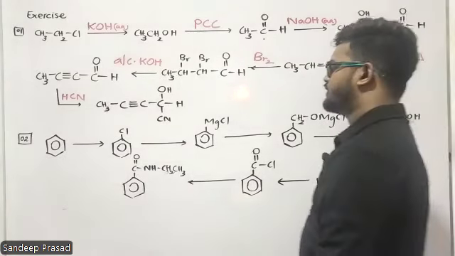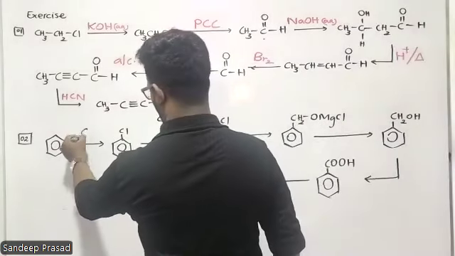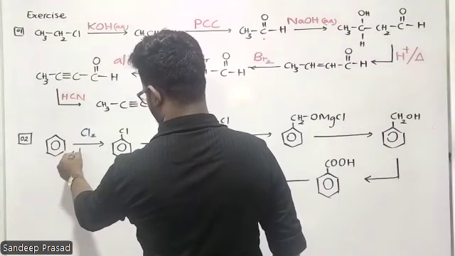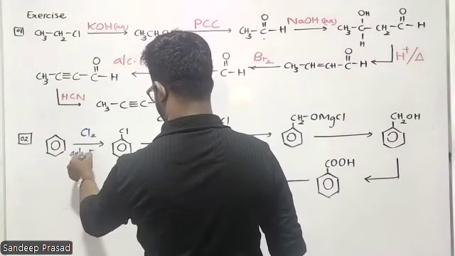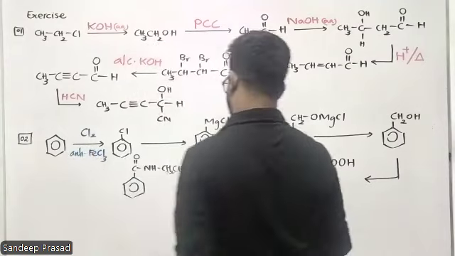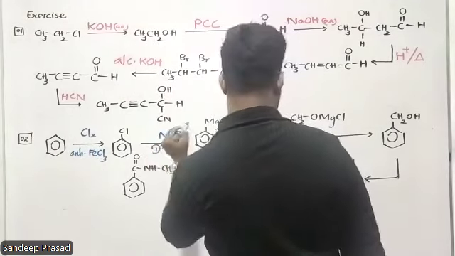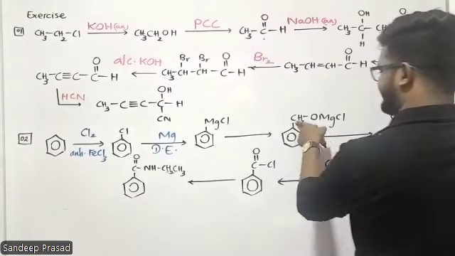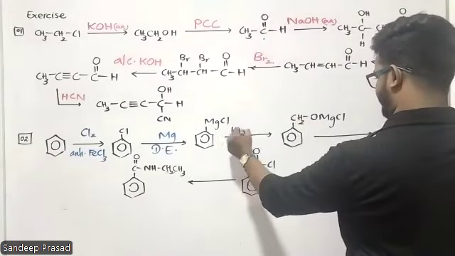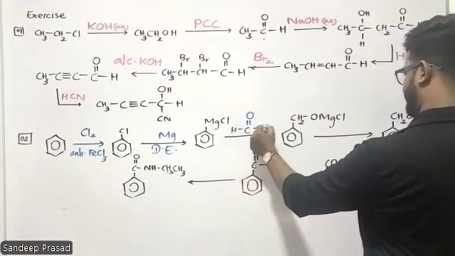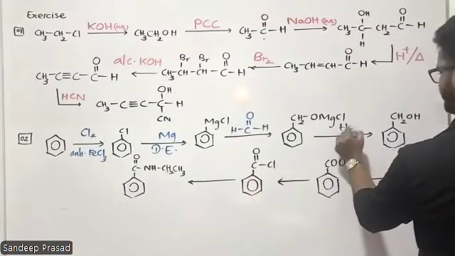Number two. Just now we discussed that one: chlorine reacting with anhydrous ferric chloride. Magnesium in diethyl ether to produce the Grignard reagent. And what is the aldehyde they have added? Only one carbon, so for sure that is methanal. Then hydrolysis.